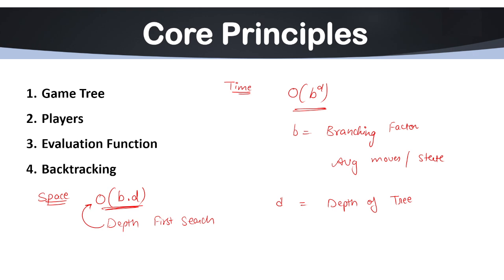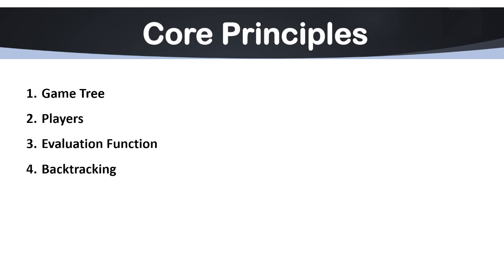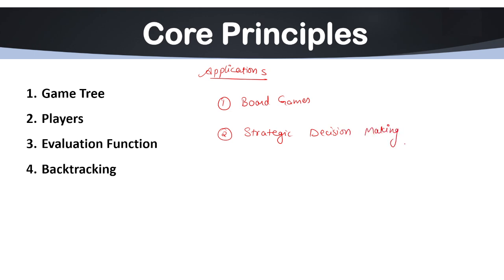Now one more thing that I want to share with you is the applications of the min-max search algorithm. So I am writing it here. Applications are board games like chess, tic-tac-toe, checkers, etc. Another application can be strategic decision making, where we have more than two to three options but we have to select only one.